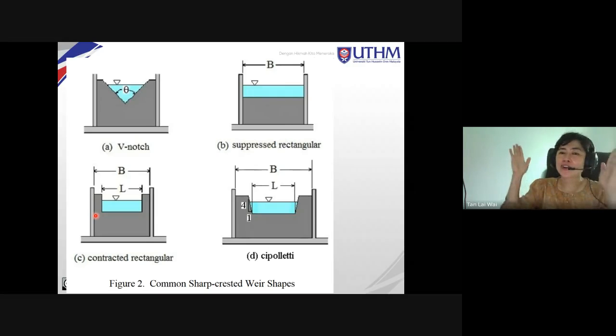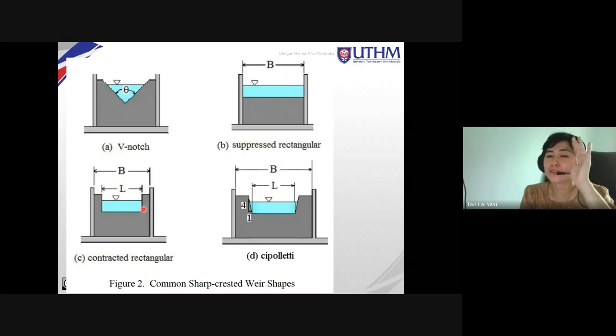Here, it is contracted. The opening is contracted. So you have L. Normally this L here depends on how many contractions there are. It could contract only at one side. Here, two sides. Here, zero side contraction. Here, n equals 2. And sometimes you will have only one side being contracted, so n equals 1.